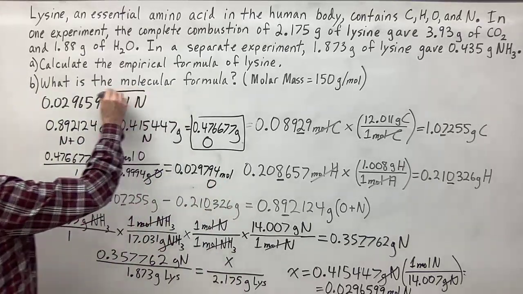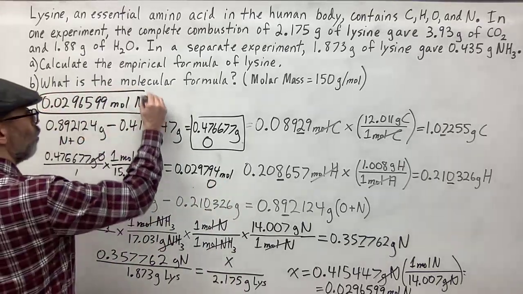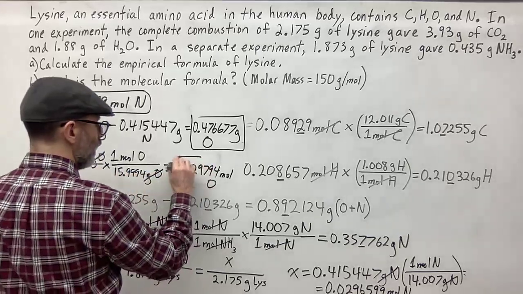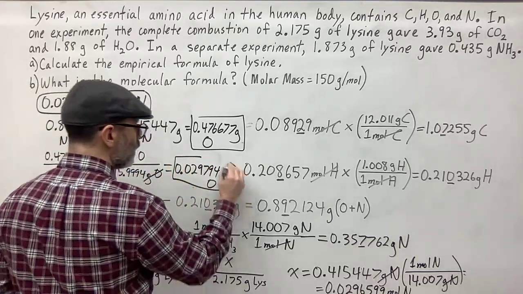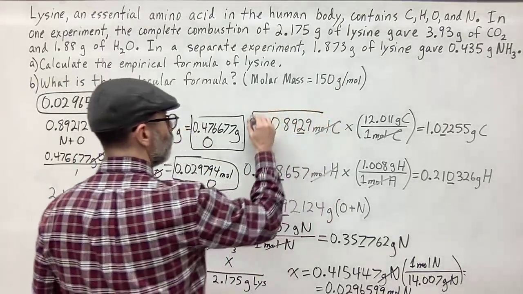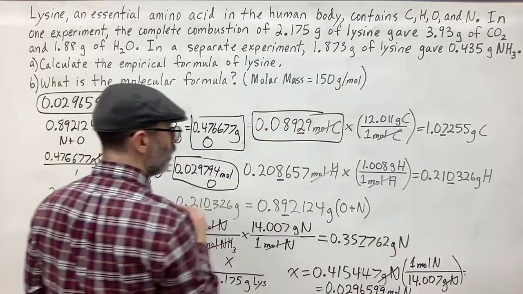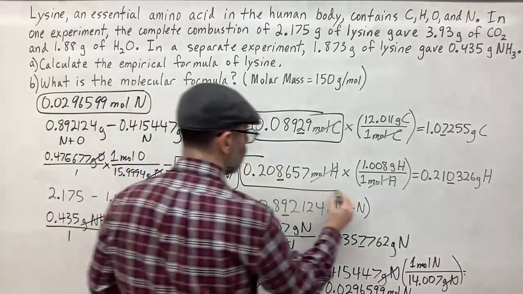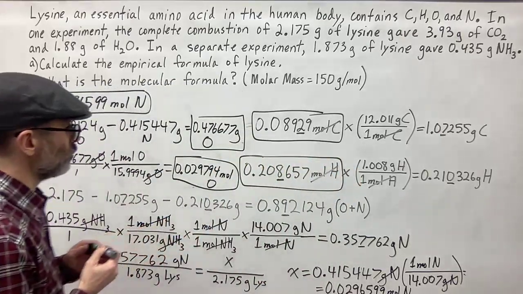So here I have moles of nitrogen. I got the moles of oxygen from my original sample. And then here I have moles of the carbon and moles of the hydrogen from my original sample.